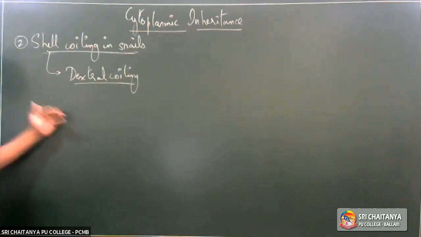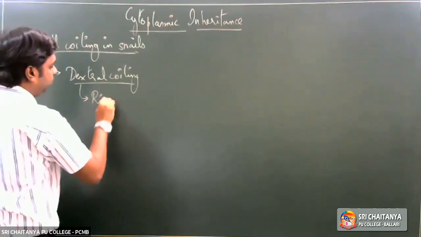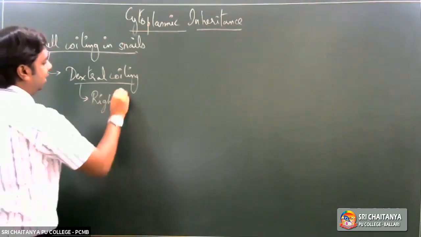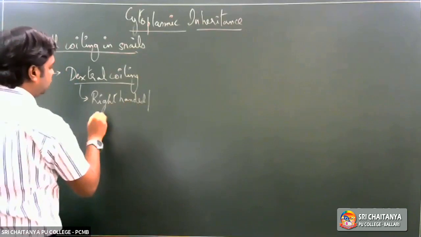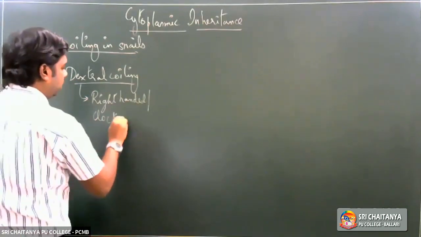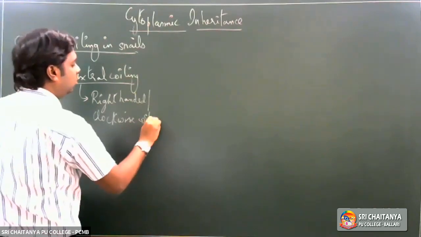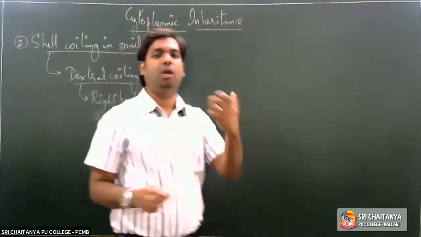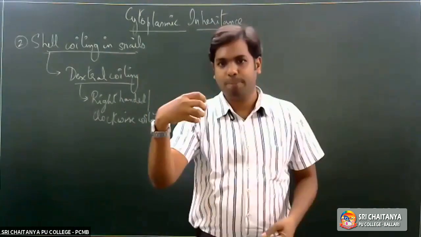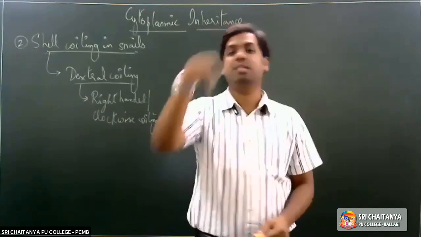So what is this dextral coil? Dextral coiling is also called right-handed coiling, or clockwise coiling. What does this mean? When you look at the shell of the snail from the top, the coiling moves towards the right hand, that is, clockwise.